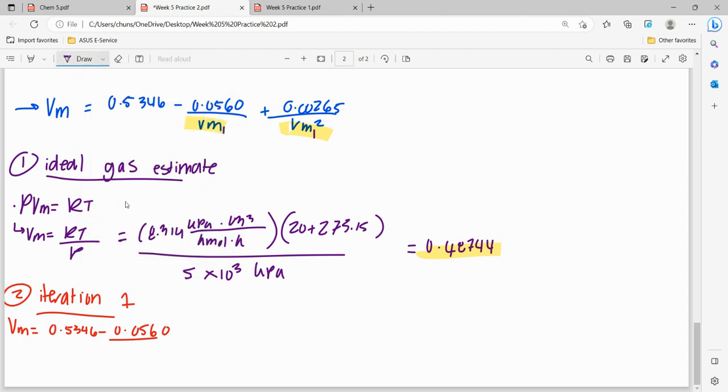This is 0.48744 squared. And this is plus 0.00265 over 0.48744 squared. Sorry, this one is squared, this one is not squared.